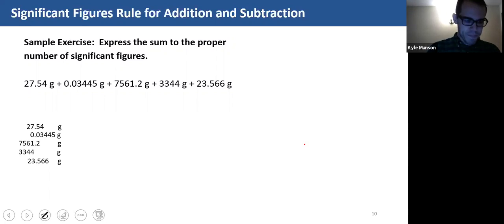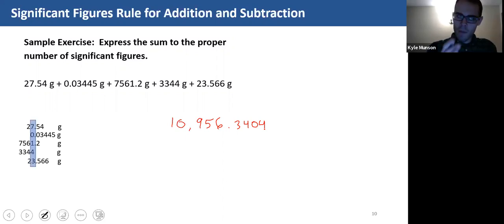The answer I'm getting is 10,956.3404. Again, is this the correct answer, using the correct number of significant figures? Well, the answer is no.